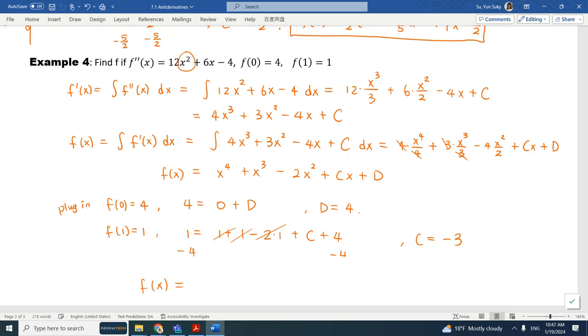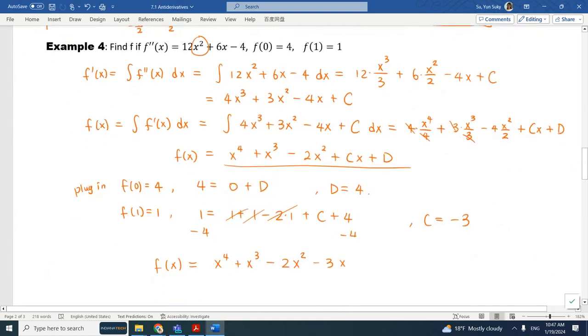So copy down x to the 4th plus x cubed minus 2x squared. What is c again? Negative 3x. And d is 4. Yes. So this is our final answer.